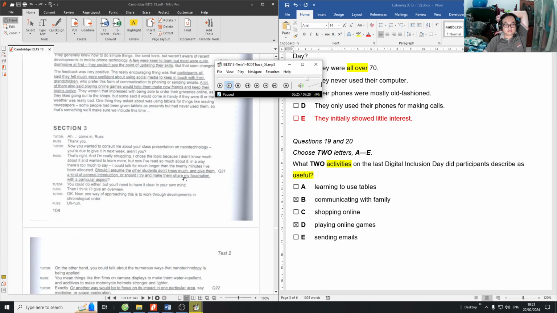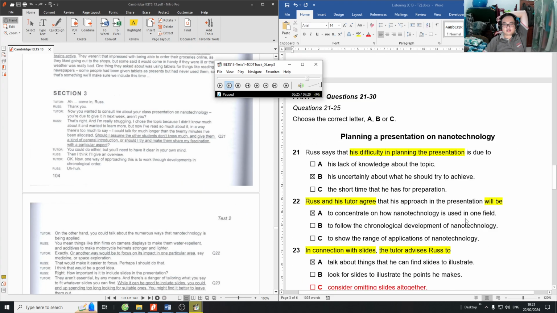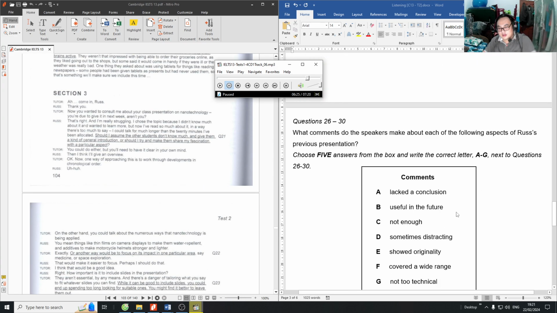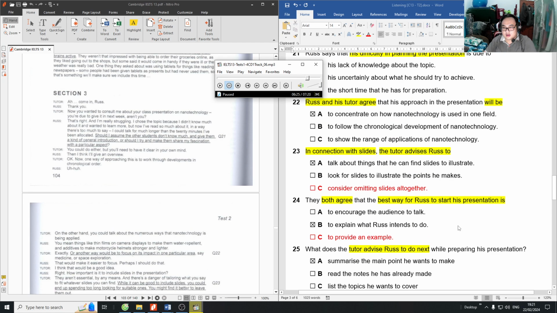All right, now let's move to section number 3. I got 4 incorrect answers in this section. So it should be one of the hardest. Number 23.